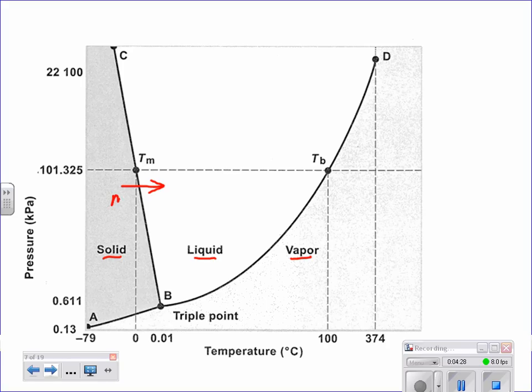Solid to liquid is melting. Whereas liquid to solid is going to be considered freezing. Then we come over to our interface, our line between liquid and vapor, or liquid and gas. And if it's a liquid turning to a gas, we're going to call that vaporization.